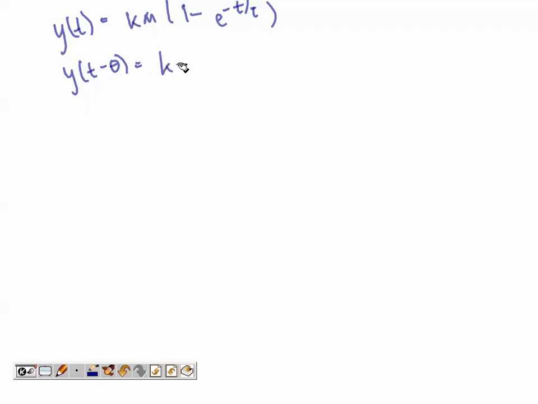We have Km(1 minus e^(-(t minus theta)/tau)). So all the t variables, please subtract by theta if you have delay.